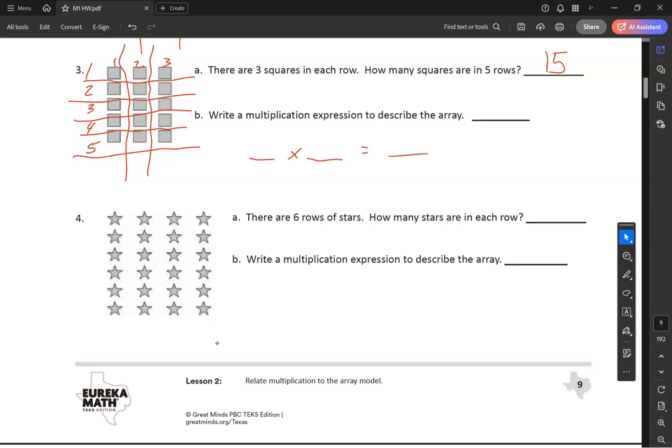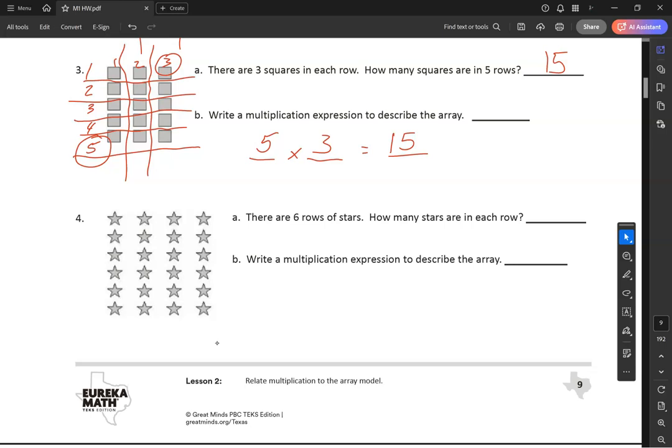If you labeled, all you have to do is take the last number of your rows and the last number of your columns, and you have 5 times 3, which we already solved here, is 15.